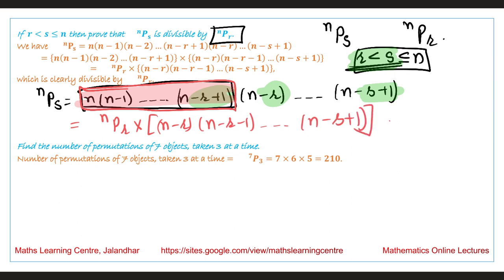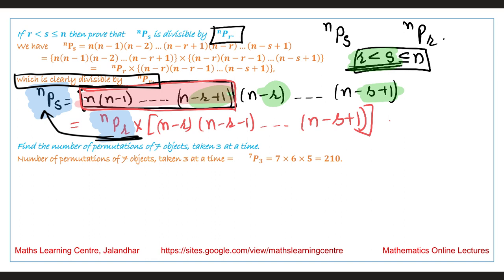So these terms clearly show that nPr is a factor of nPs. So nPr clearly divides nPs because it is a factor over here.